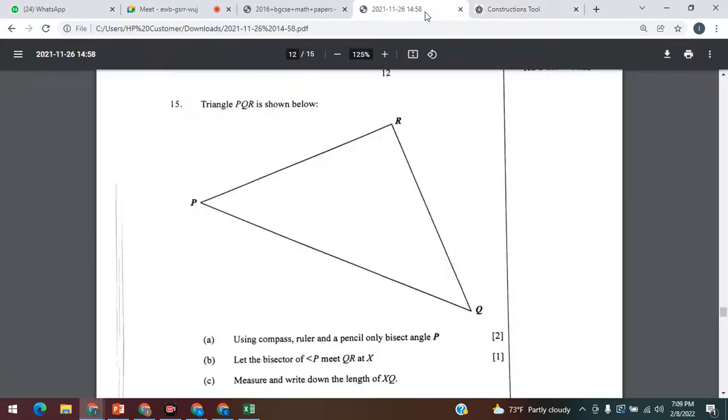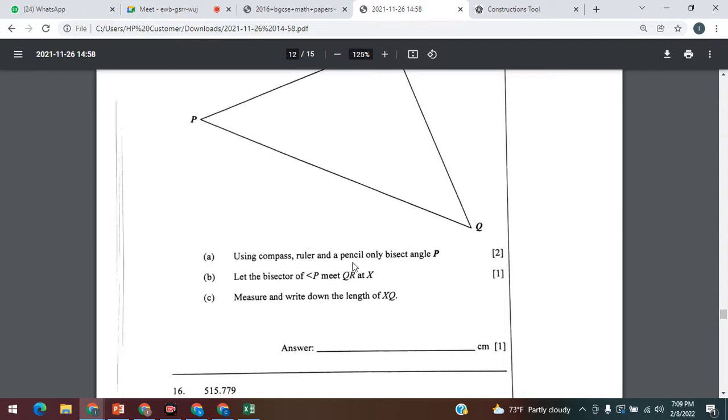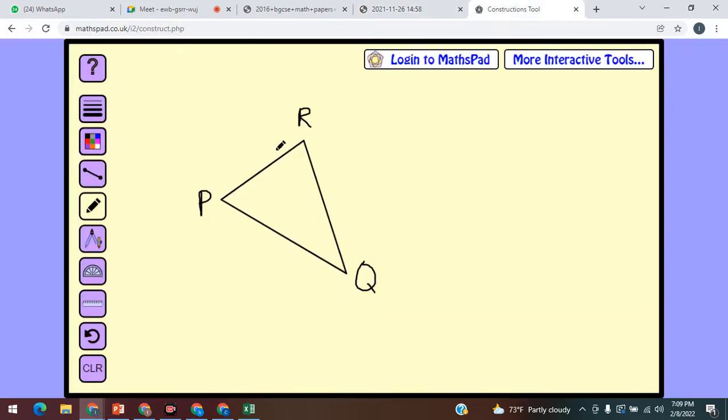Okay, and so the first thing that they said is to use a compass and ruler only to bisect angle P. So here we have P, and this is the angle P right now, and we want to bisect that angle. Bisect means to cut it in the middle.